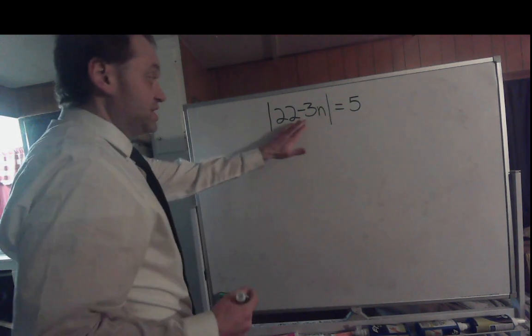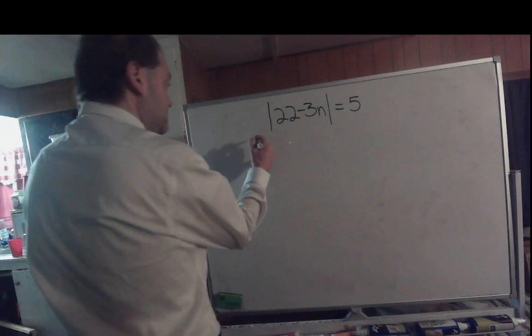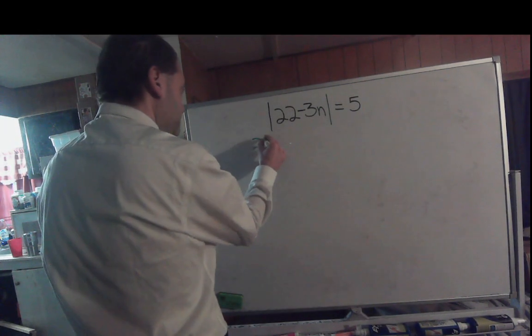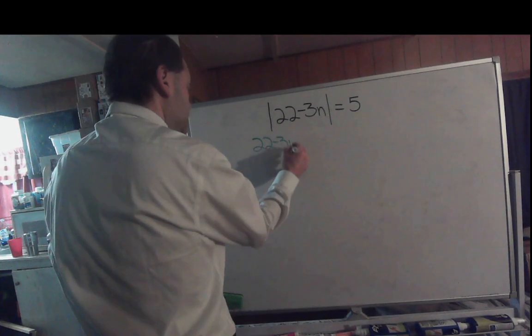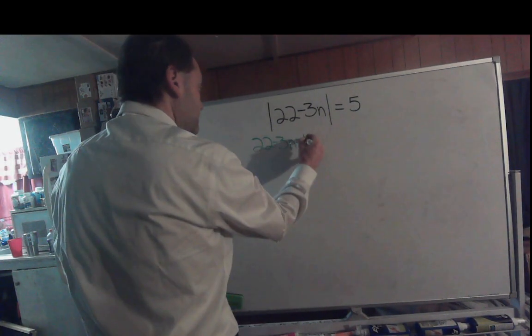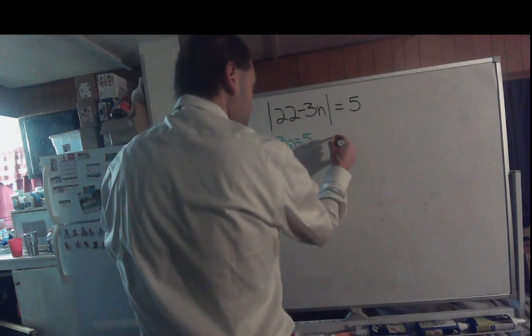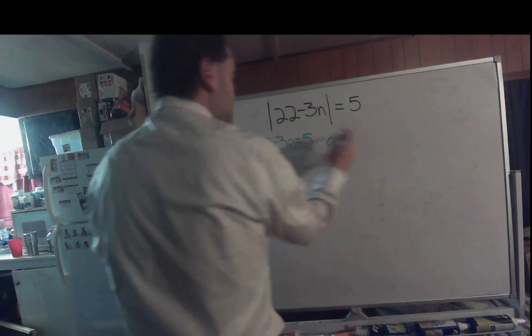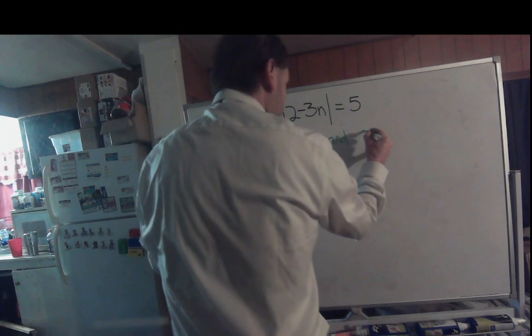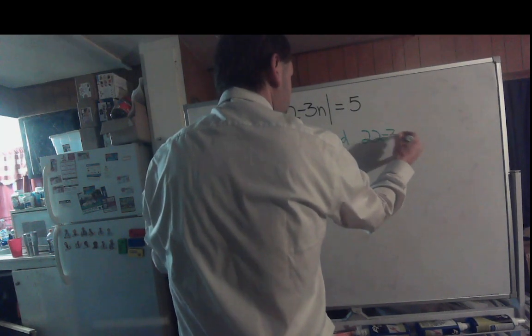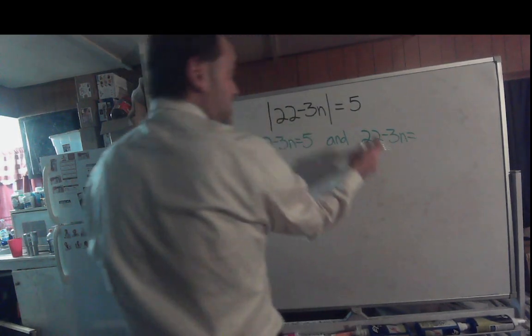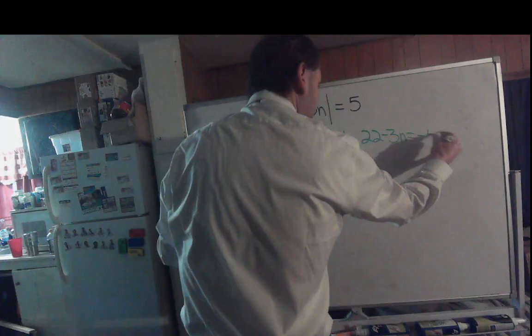So take what's inside your absolute value, which is the 22 minus 3n, set that equal to 5, and then you're also going to take what's inside the absolute value, that 22 minus 3n. This time you'll set it equal to negative 5.